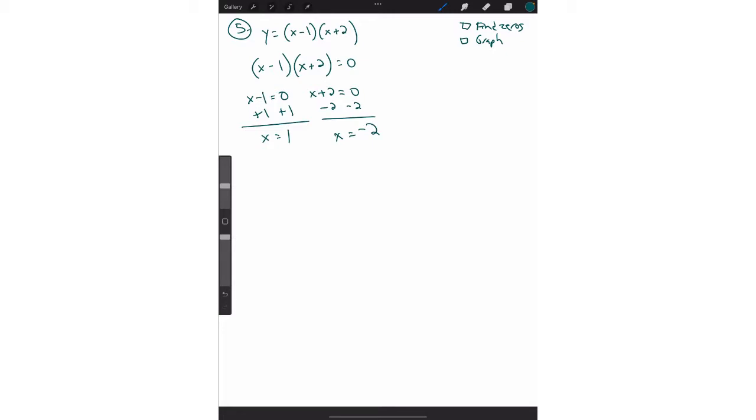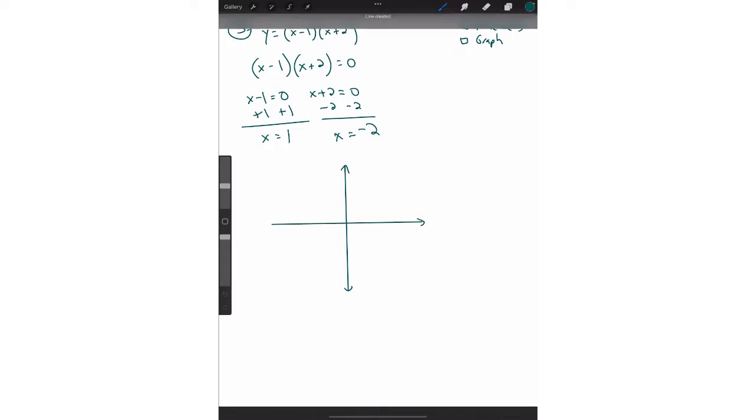All right, now that I've solved this, if I want to graph it, I'm drawing my y-axis here and my x-axis here. I'll say y and I'll say x. All right, so I have x equals 1.